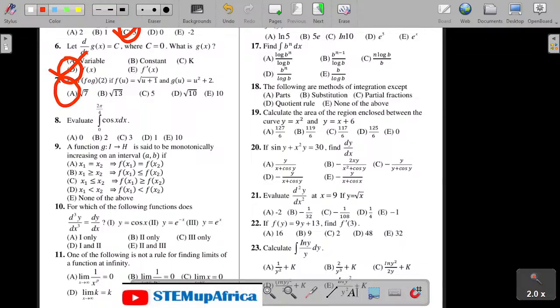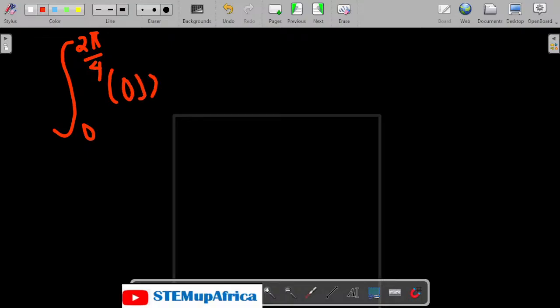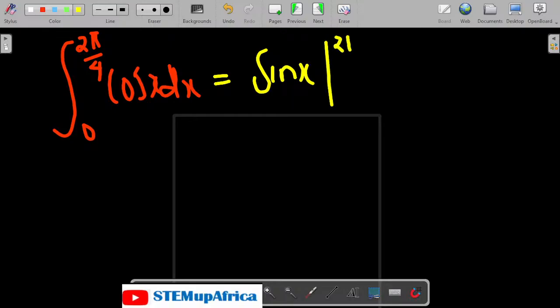So let's integrate that. From the standard integration form, if you integrate cos x, you have sine x, evaluated from the upper limit to the lower limit, plus c.